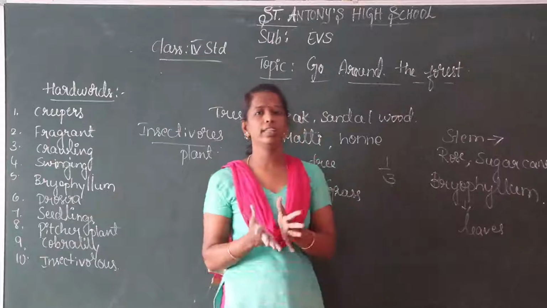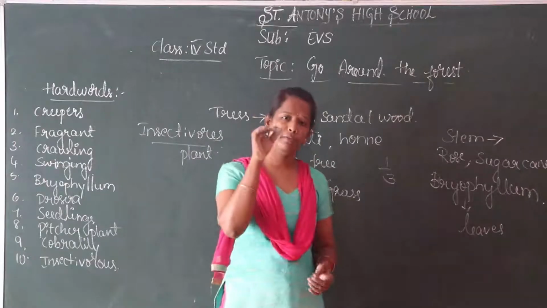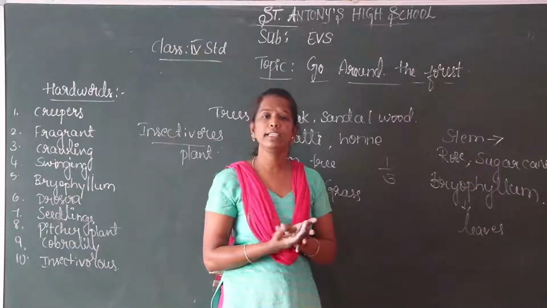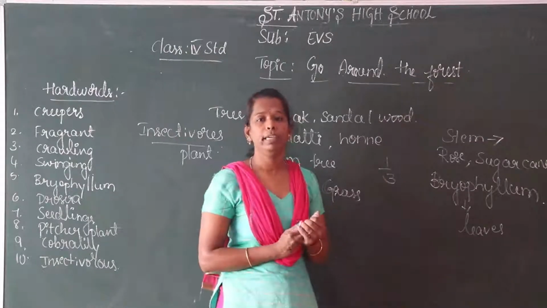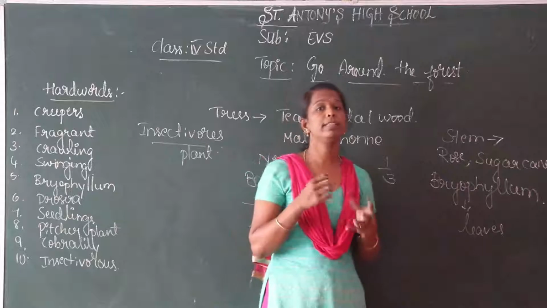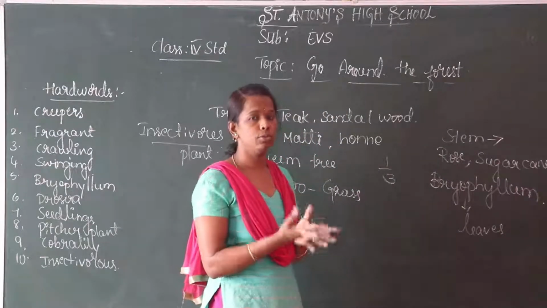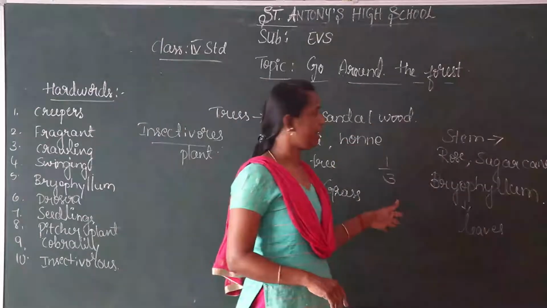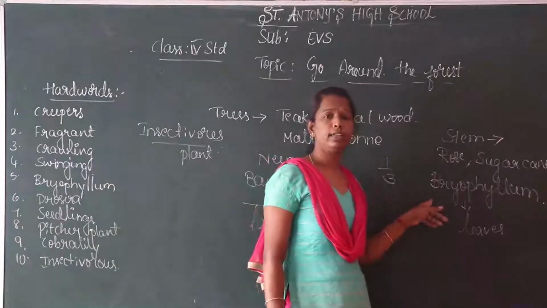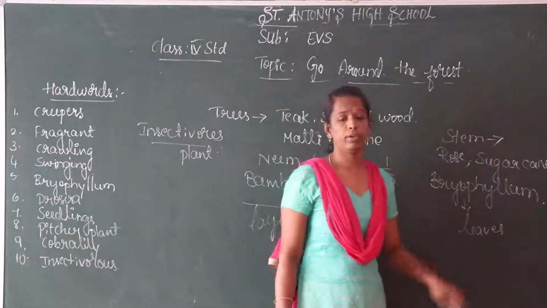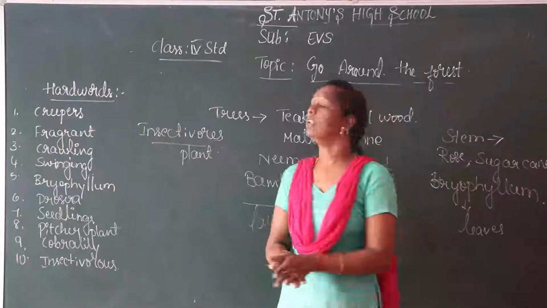And also you know already that reproduction will be from seed or it may be root. When the seed is germinated, a baby plant, the embryo, comes from that, and after that the plant gives 2 leaves, and then a new plant. Some plants, like bryophyllum, are reproduced by leaves. Okay children, this is about the forest.